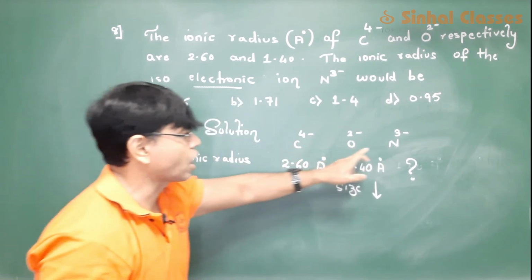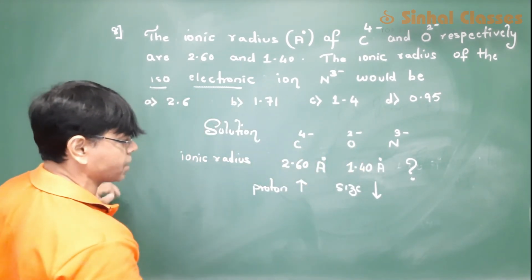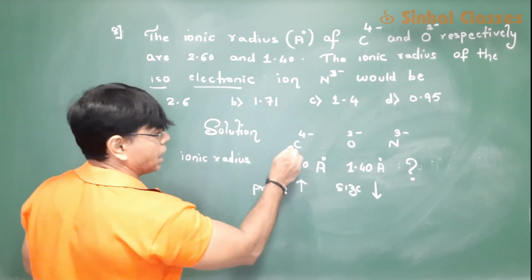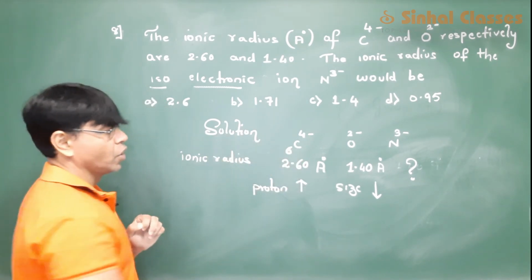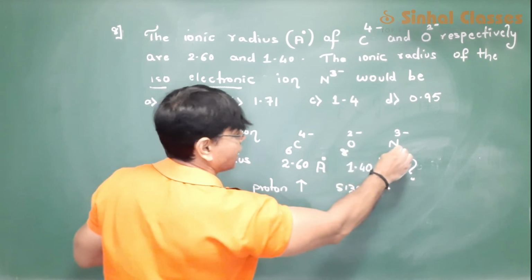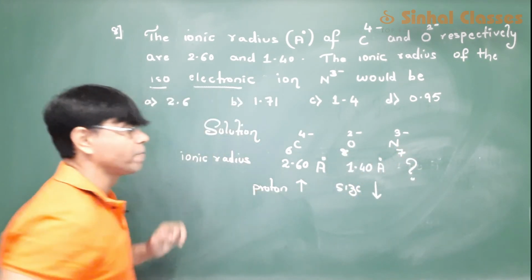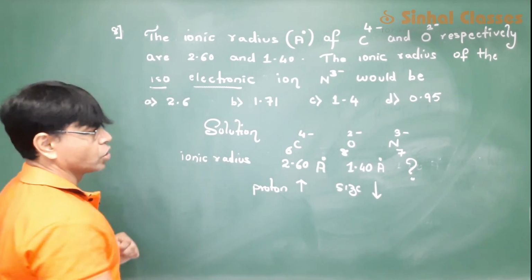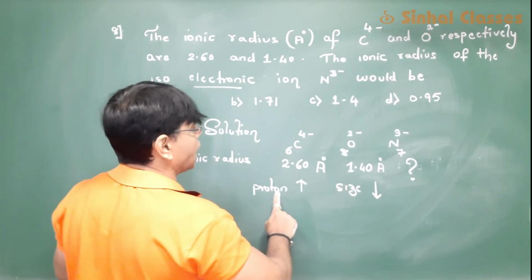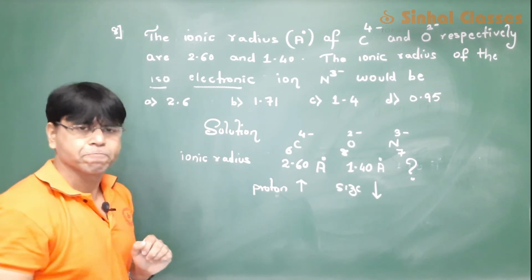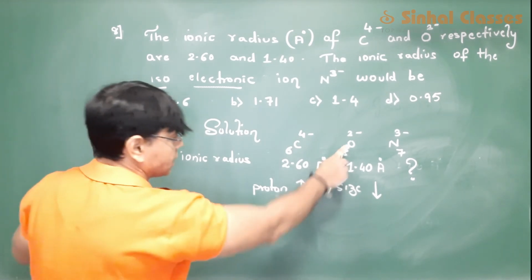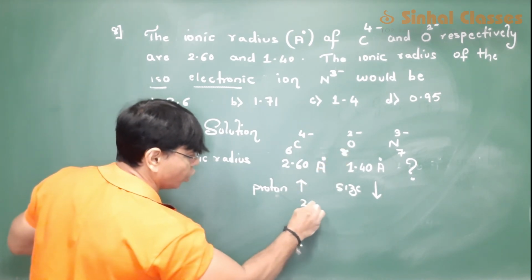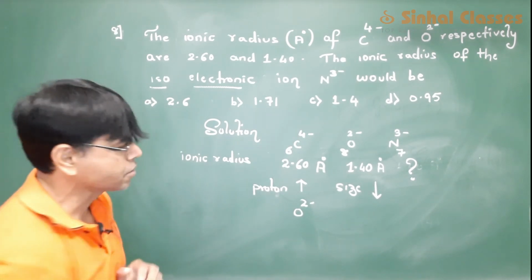So now let's take out the number of protons, that is atomic number. For carbon it is 6, for oxygen it is 8, and for nitrogen it is 7. Now arrange it according to the size. The one which has the largest number of protons has the smallest size. That means O2 will have the smallest size.